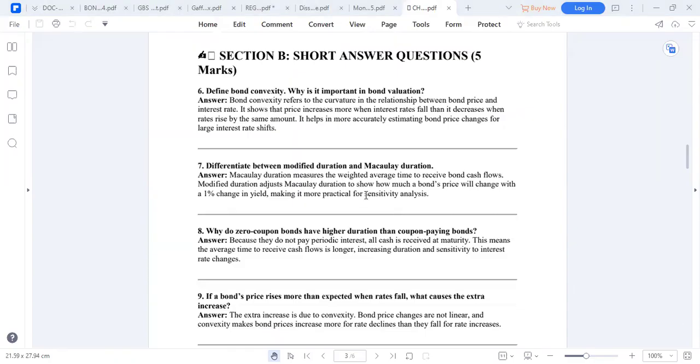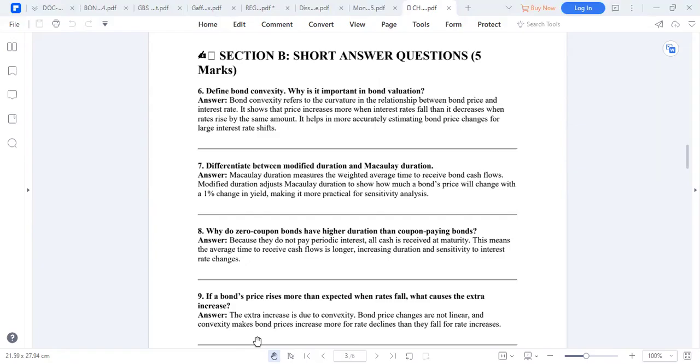Now, let's look at the short word answers. Define the term bond convexity and why is it important in bond valuation. Convexity, what does this term mean? It is important because it captures the curvature of the bond price-yield relationship.